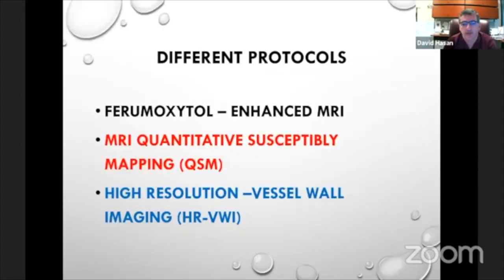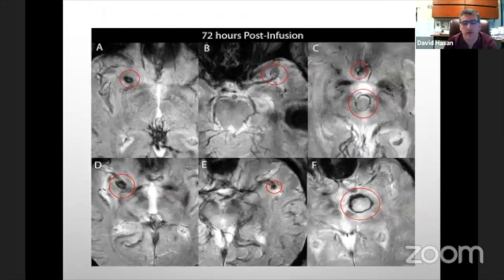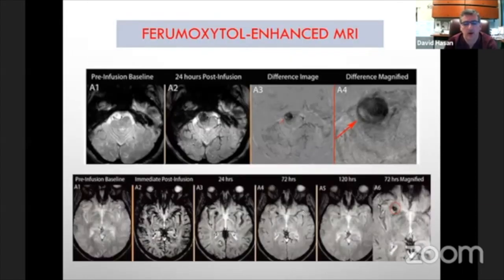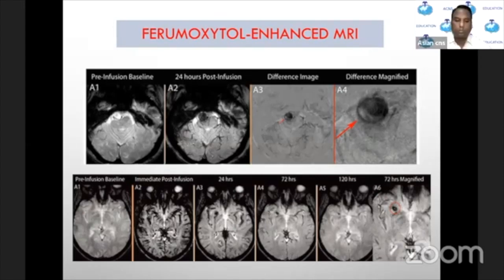We have different techniques. The first one, as I mentioned, is the ferumoxytol-enhanced MRI. And as you see here, these are different aneurysms that we image with ferumoxytol. And as I mentioned earlier, ferumoxytol is nanoparticles, taken only by macrophages. And we use two different doses and different time points: immediately, 24 hours, 72 hours, 120 hours.